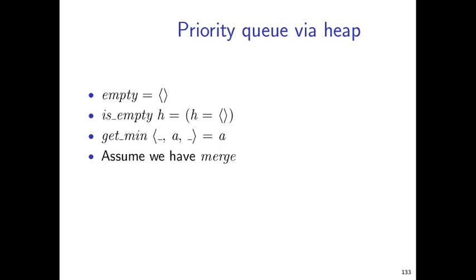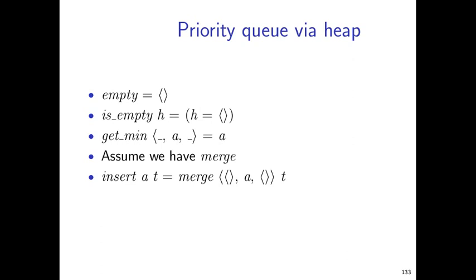Assume we already have a merge function. If you have a merge function, so to join two heaps, then we can implement the other functions on top of it. So we can implement insert just by merging a singleton heap with another heap, and we can also implement delete min.